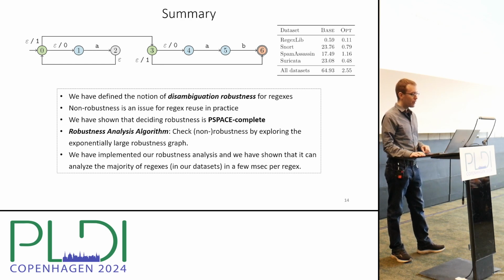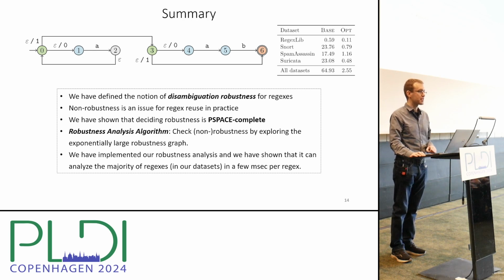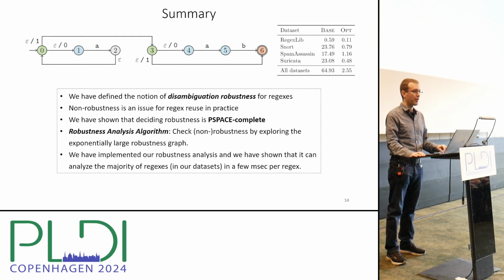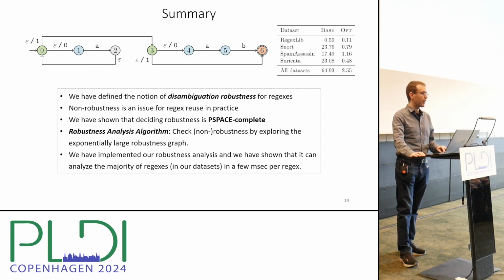We have shown that the problem of deciding robustness is PSPACE-complete, and we have proposed an algorithm for robustness analysis that relies on the exploration of an exponentially large robustness graph. Finally, we have implemented our robustness analysis algorithm, and we have shown that it can analyze the vast majority of regular expressions in the data sets that we have considered in a few milliseconds per regex. This concludes my talk. Thank you for your attention.